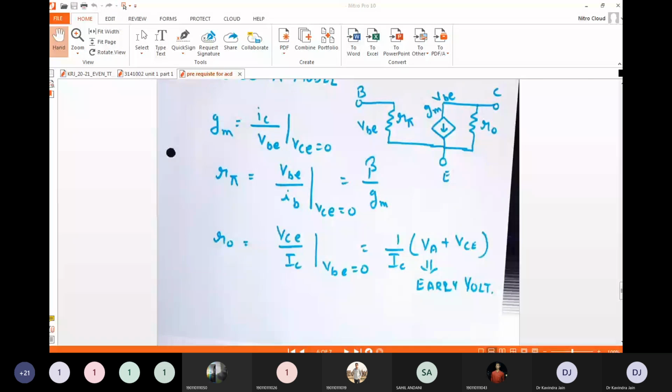As you can see in the circuit, a few important parameters are written. The first parameter is gm, known as transconductance. The formula is IC upon VBE. As you already know, IC is the output current, VBE is the input voltage, and the constant quantity is VCE.